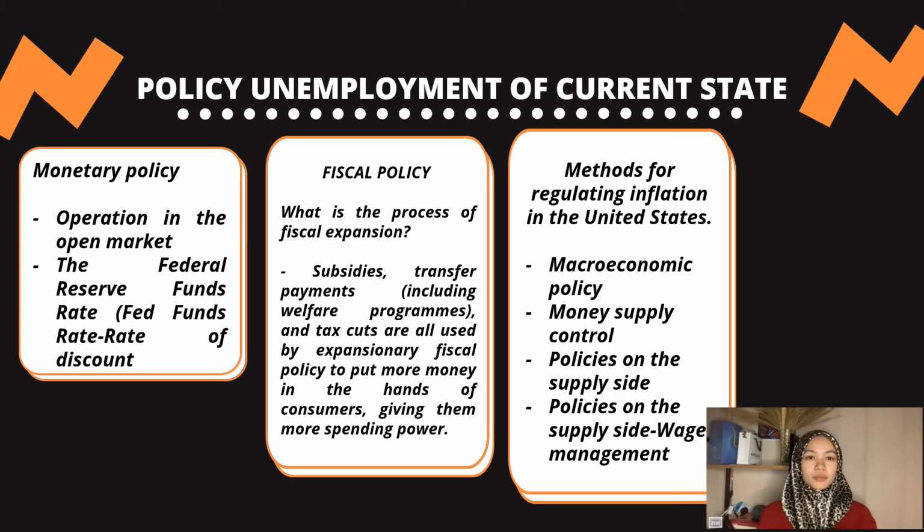The second policy at the government's disposal is fiscal policy. Expansionary fiscal policy refers to the use of budgetary measures by the government to increase spending or reduce taxes in order to increase the money supply in the economy, giving consumers and businesses more money to spend.